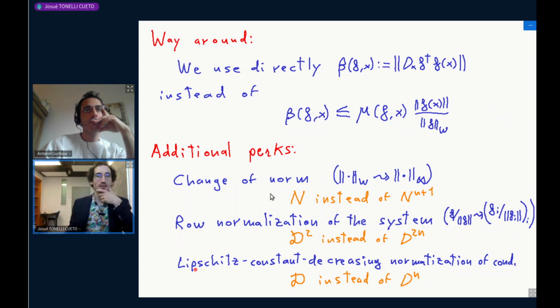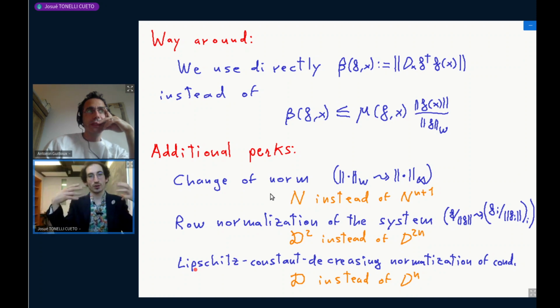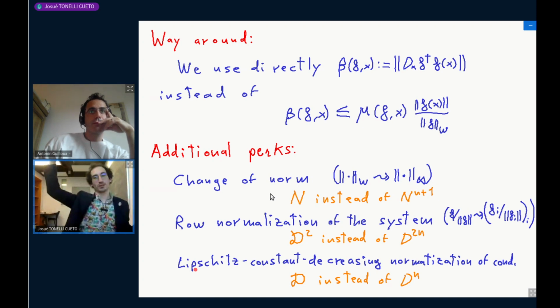For example, in that case, you can even get a handle on the support. Here it's very hard to choose the support. If you do the same business I did here on the boundary of a cube, you get rid of this weird square root of the combinatorial number, which is always a little bit weird. And then you can restrict the support of your polynomials as long as you have the vertices of the simplex and the adjacent vertices.